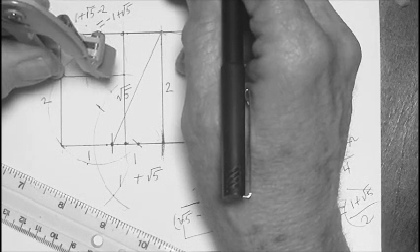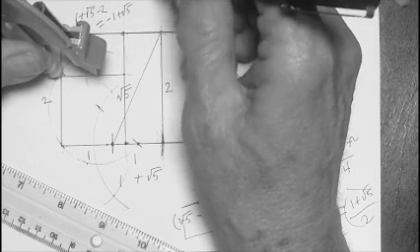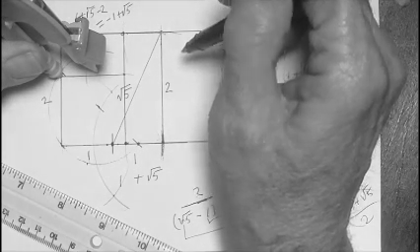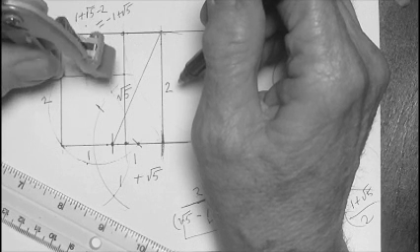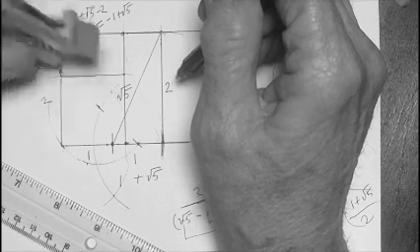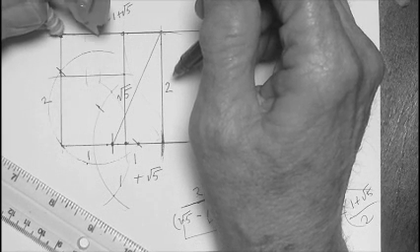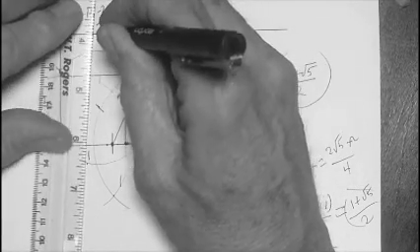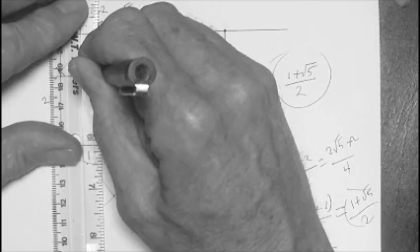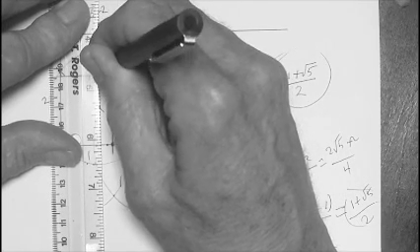There we go. Yeah, right to here. And right to here. That's where I want that. And I get another rectangle over here, which is, guess what? Proportional to the other rectangles.